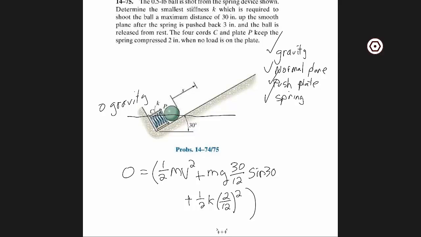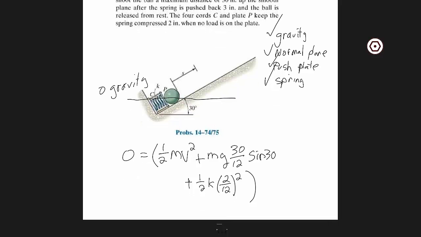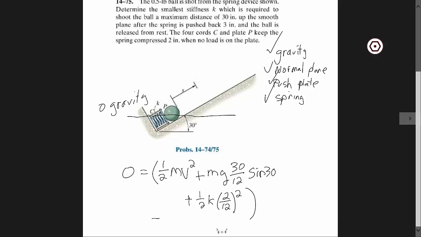Nope. Okay, so that's the final energy minus the initial energy. Initially, does the ball have any energy? What about kinetic? 0, because he starts off at rest, right? No kinetic at the beginning. How about gravity? Does he have any gravity energy? No? How about spring? Okay.